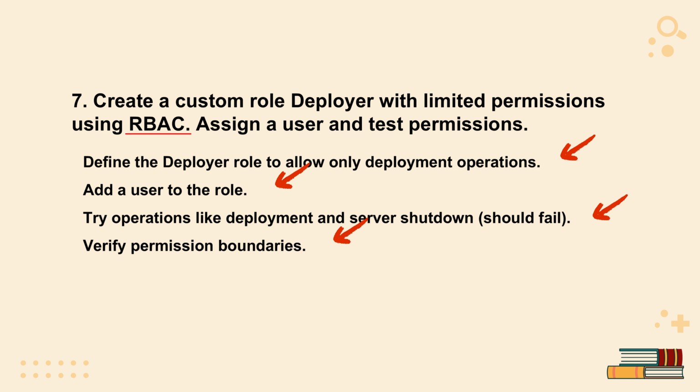So in this case, the deployer role lets someone push apps but not shut down the server. Exactly that. That granular control is what makes RBAC so powerful. Tailor roles to specific responsibilities. And the validation confirms it works. Right. The task requires you to prove the deployer user can deploy, but gets blocked from shutting down the server. Direct testing confirms the RBAC policies are actually enforced.